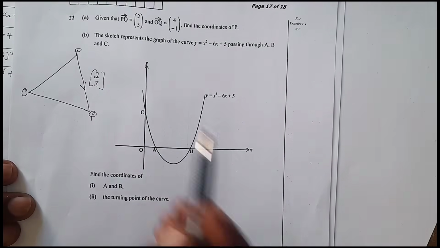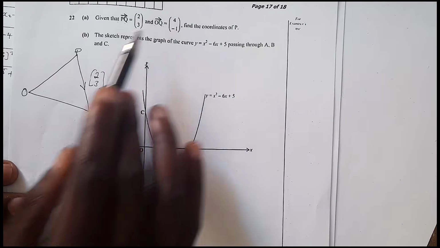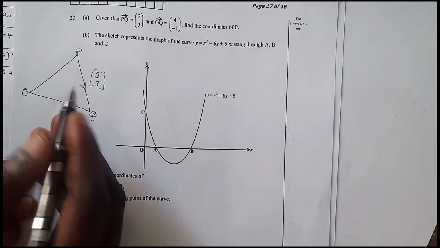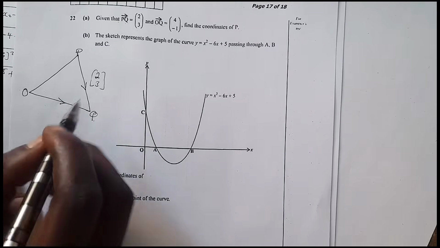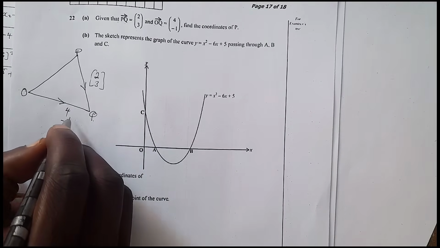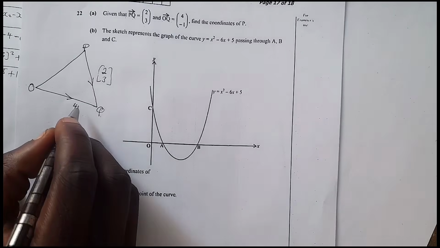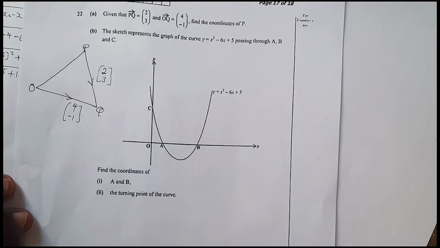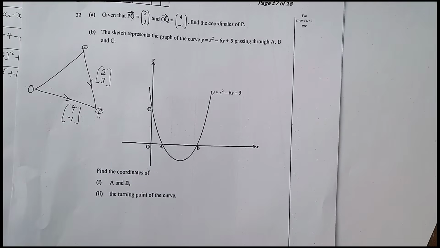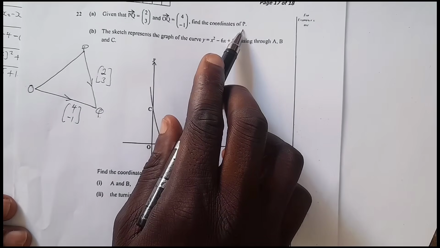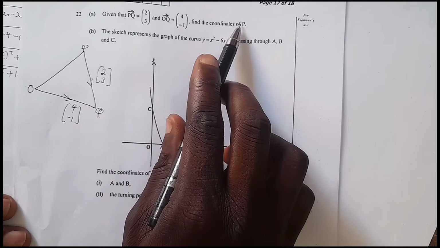And then they're saying OQ, right? OQ, this side, is 4, negative what? Negative 1. Okay, I hope you are following, eh? Negative 1. Then they're saying find the coordinates of P. In other words, they're asking us to find OP.